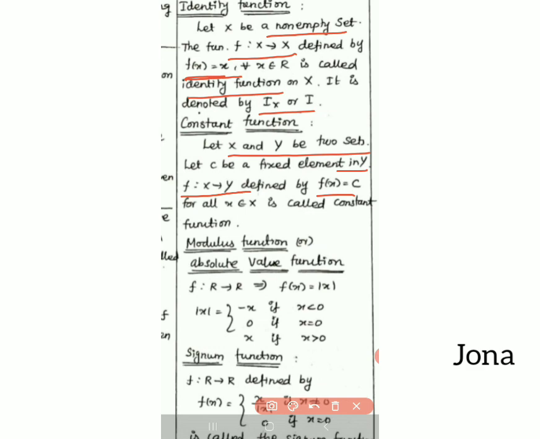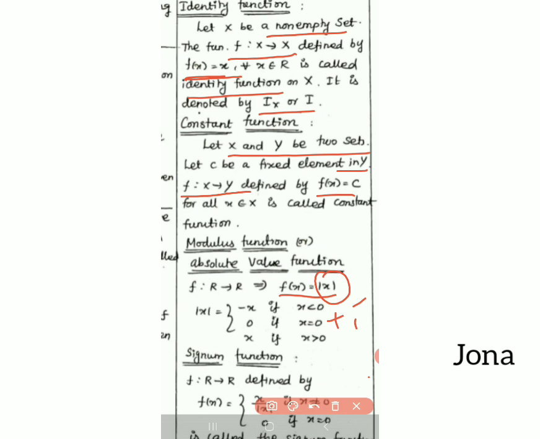The next one, modulus function or absolute value function. f is a function from R to R, f of x equal to modulus of x. This modulus of x is nothing but it contains the value of either plus or minus.